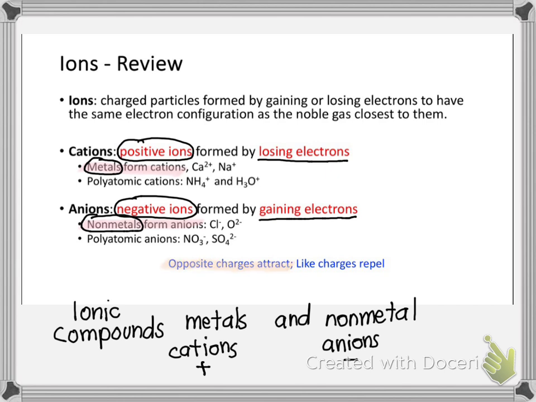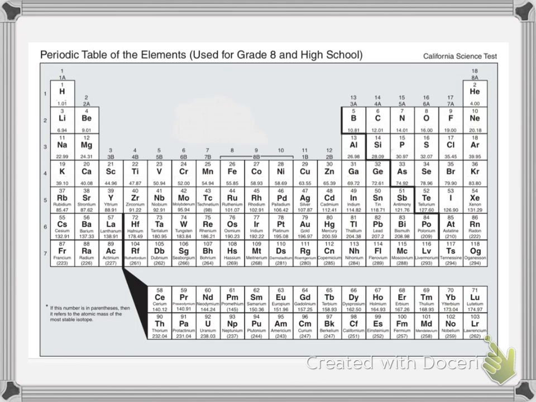And so the attraction between the cations and the anions is what forms the ionic bond. So let's recall the pattern we get by predicting the charges of the representative, or what we call the main group elements, using the octet rule.